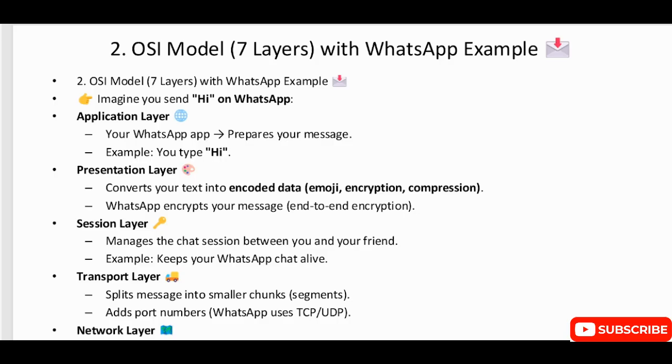Second is the presentation layer. It converts your text into encoded data, like emoji, encryption or compression. Whatever text you have written, it will convert into encoded data.